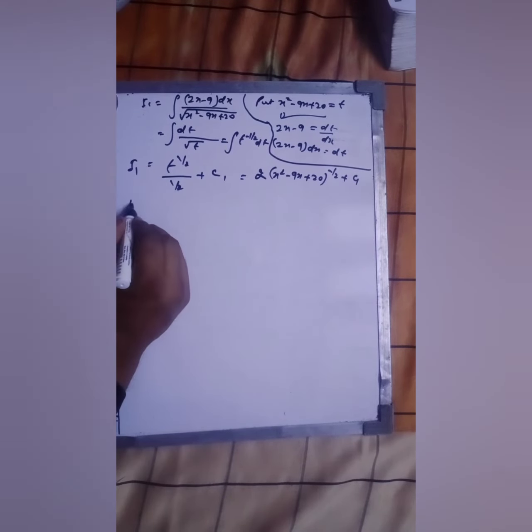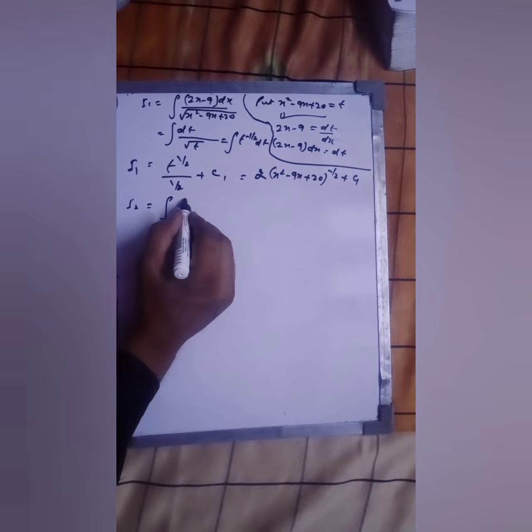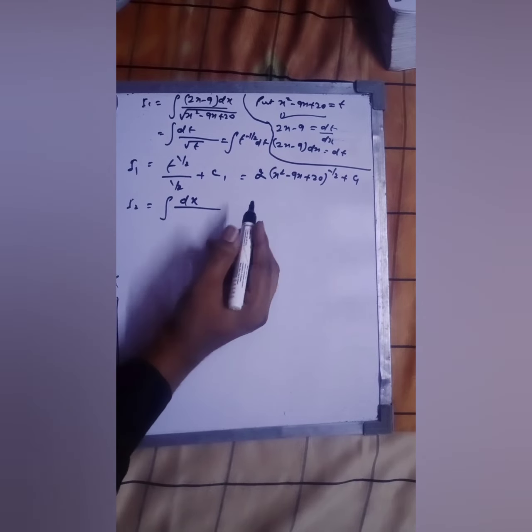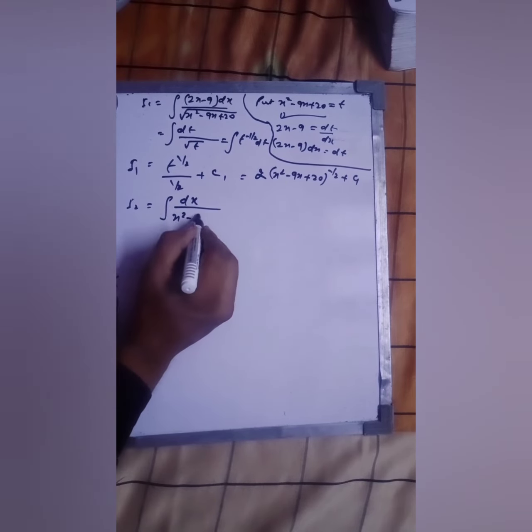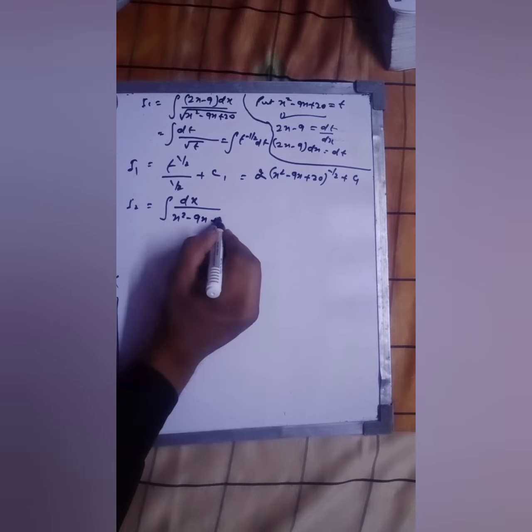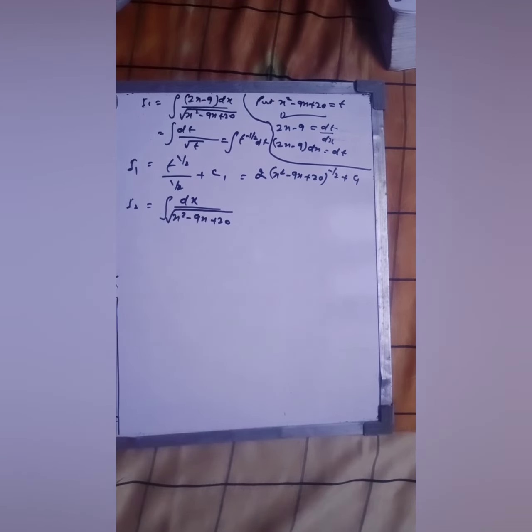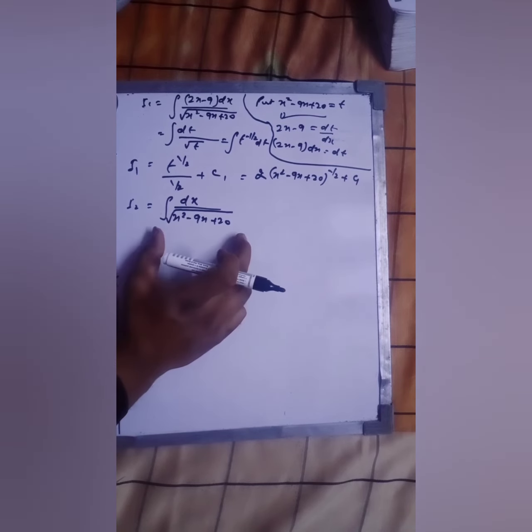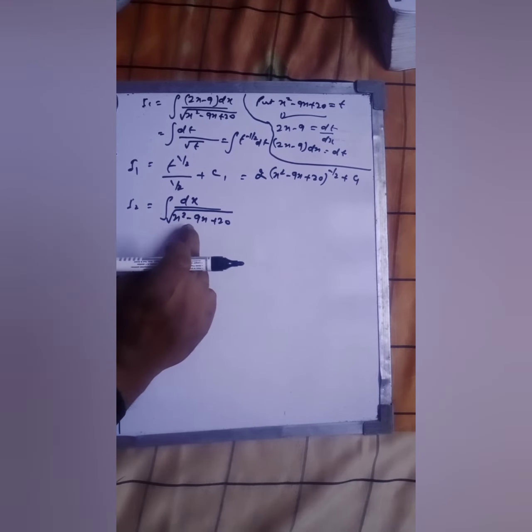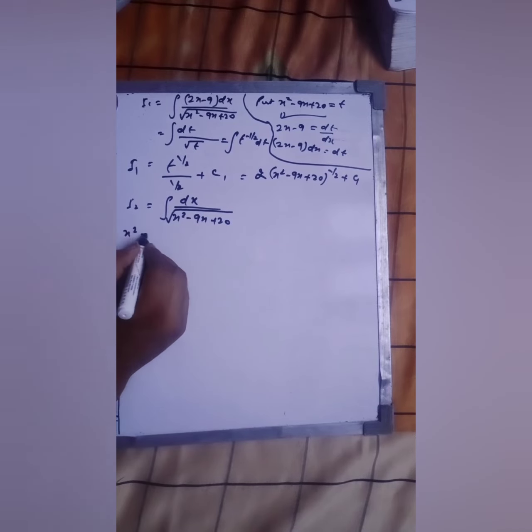Now your I2 was dx over x square minus 9x plus 20. You have to apply the completing the square method in the denominator.